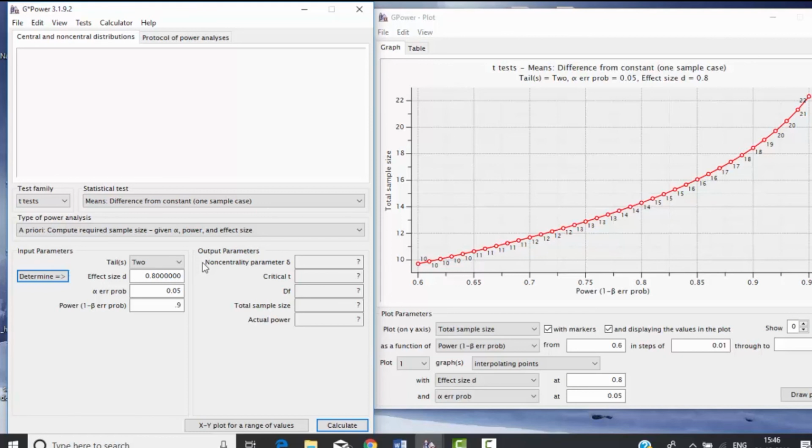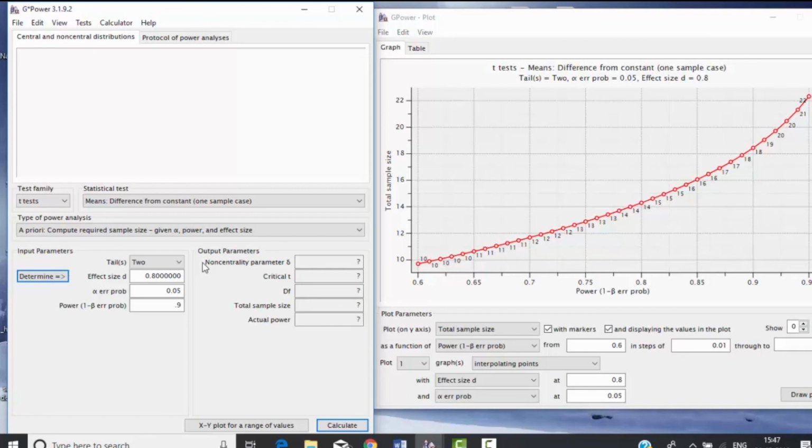Please do contact us through the discussion forum for any questions relating to G-Power. I have taken a simple test, but you are encouraged to do it for various other tests like regression, correlation, and other kinds of research, so that you will be able to get a sample size that has both alpha value and beta value built into it.